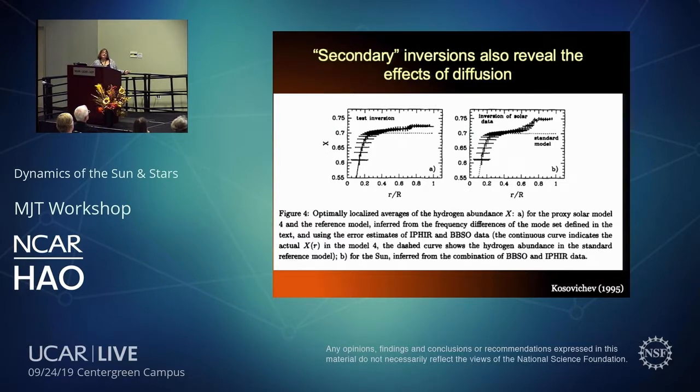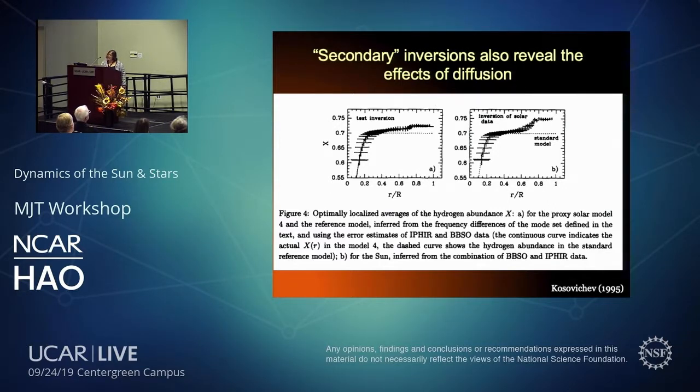And if you look at it carefully and compare it with standard models with diffusion, you'll actually find that this decrease is far gentler than in the normal diffusion models. So in a sense, even though Sasha did not comment on it, this is an indication that there are other mixing processes inside the sun, particularly at the base of the convection zone, and that actually would also take care of that finger-like structure in the sound speed that you saw. Okay.